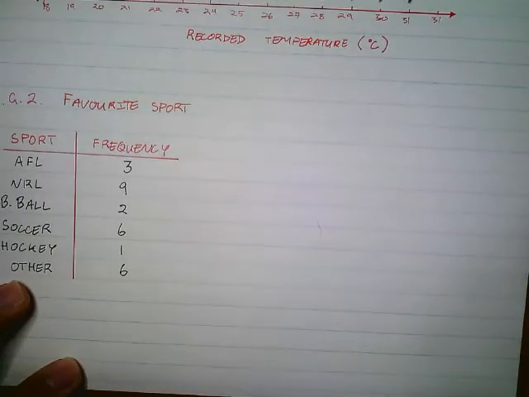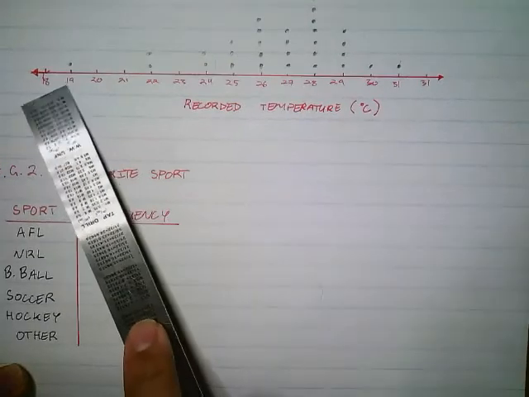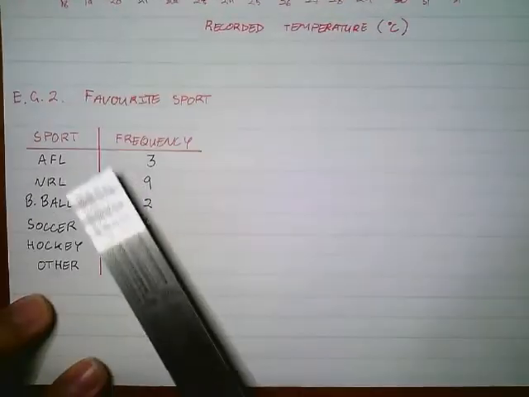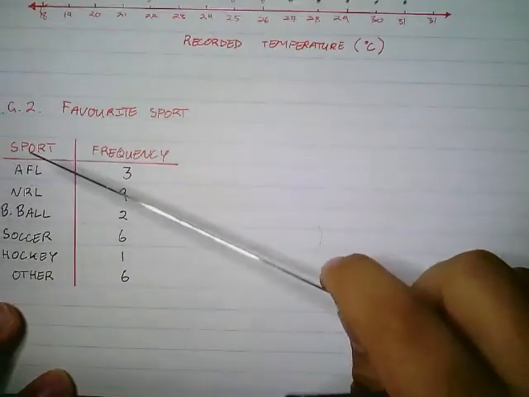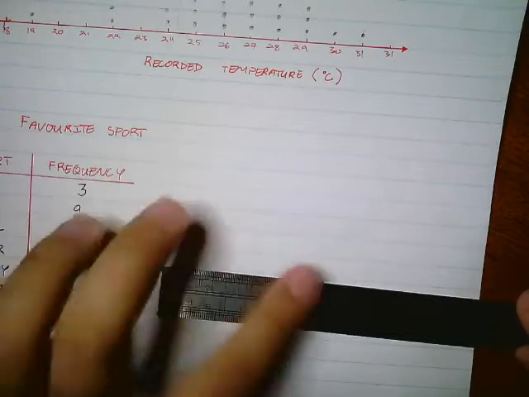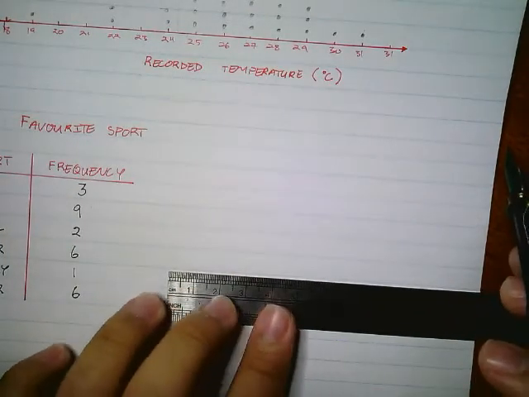Now this is with numerical data, and it works exactly the same with categorical data, and it doesn't make much difference. Instead of numbers like we do here, we're just going to take categories. So we have 1, 2, 3, 4, 5, 6. Once again, 1 centimeter intervals just to make it neat.